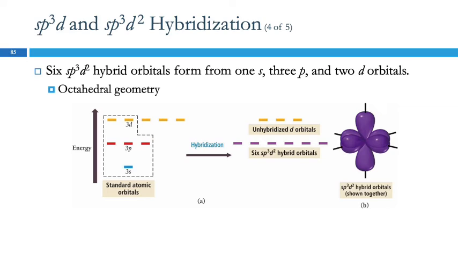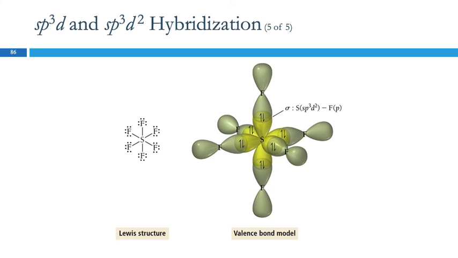We can bring in one more, so we have 6 beds all together, and that's going to make this octahedron. So the 6 balloons, right? So here we have 6 hybrid orbitals, all the same energy. And now there's 3 unhybridized d orbitals that are left. We're not going to see anything happen with those, but they're still there. So here's sulfur hexafluoride.